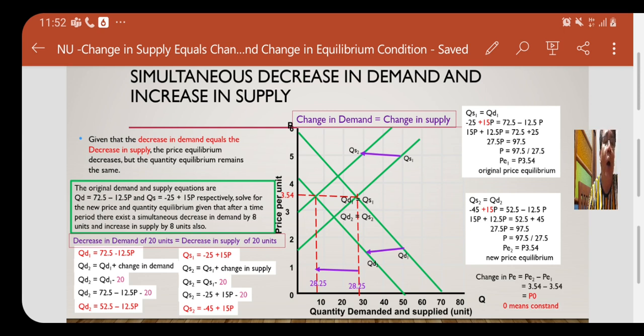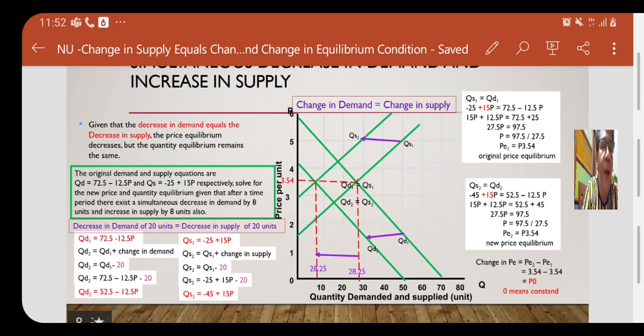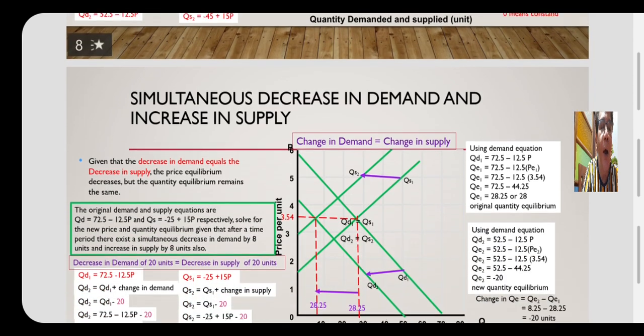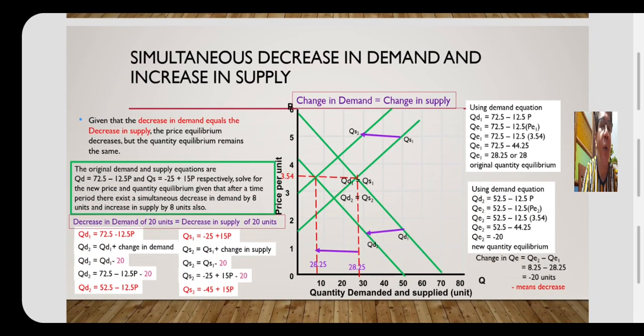The new quantity equilibrium is 20 rather than 28.25. So 28.25 to 20. Why is this? Something is wrong with the values I have inputted as far as quantity equilibrium is concerned. So the original quantity equilibrium is 28.25, but the new quantity equilibrium is 20.